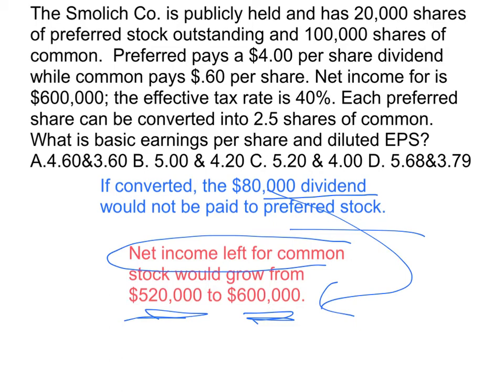You assume conversion, you add in the shares, and then as you can see here in this slide, we save the dividend. That's how you convert a preferred stock for the diluted earnings per share computation.